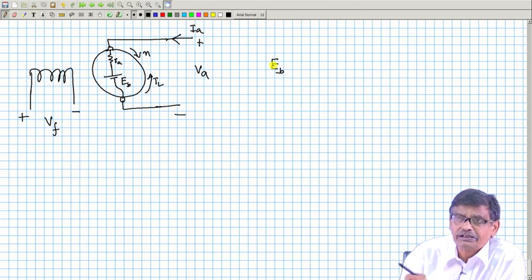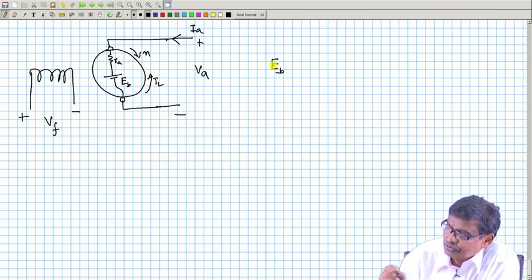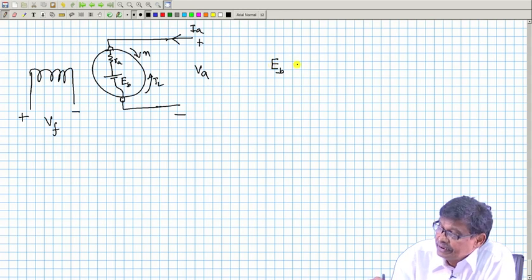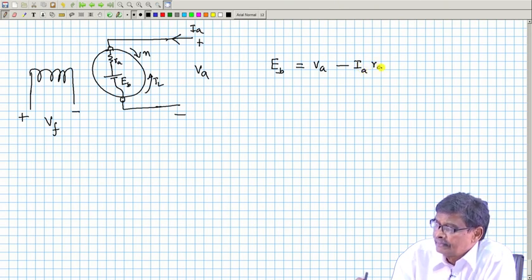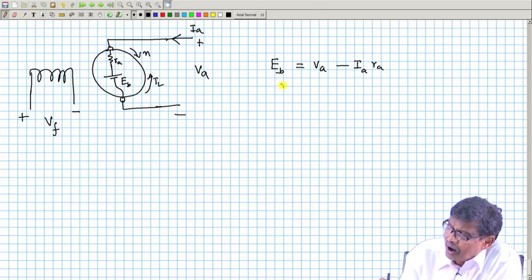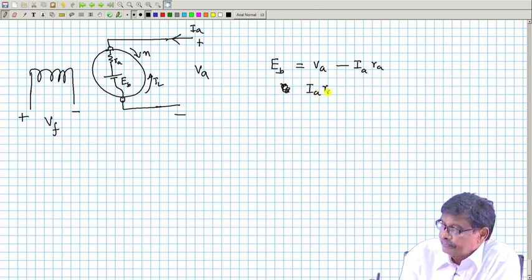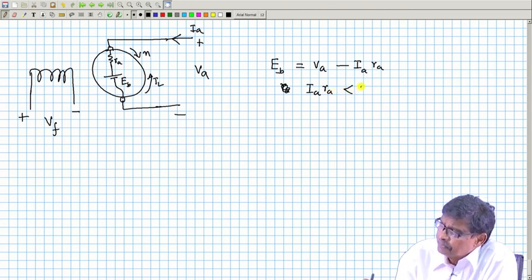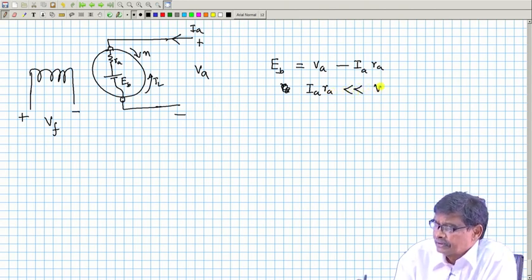Next lecture I will draw the speed torque characteristics, etc. But today, at least in whatever time is left, I will say that Eb is equal to applied voltage minus Ia into Ra, and we know the Ra Ia drop is much smaller than your supply voltage.